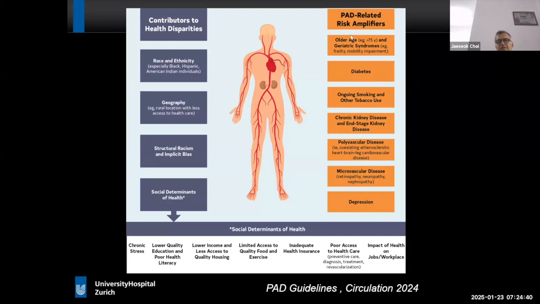But these traditional risk factors, I think, will have to be modified and changed over the lifespan of the person. And obviously, you have these more social and economic risk factors, depending on where you're living and how your health system is. You're more at risk of getting an amputation or not.